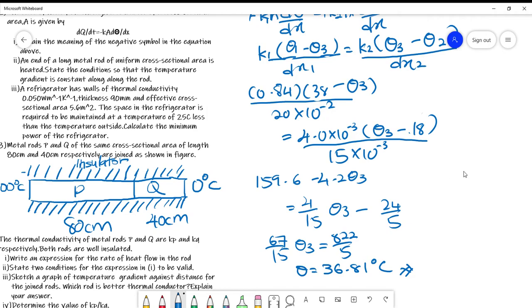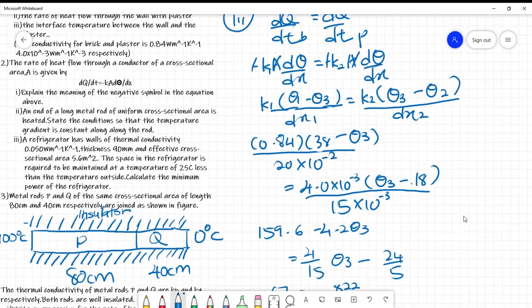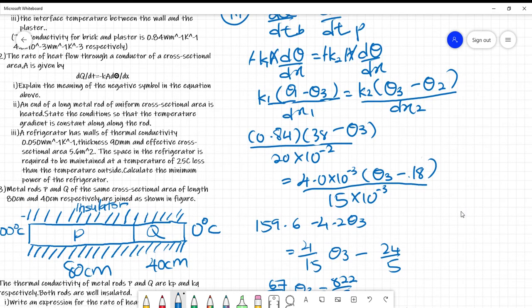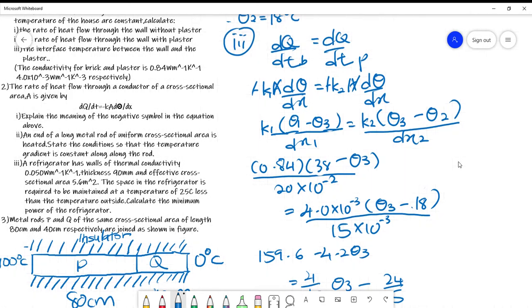So I think the mistake actually came from the calculation parts. So how should I say that? This one, theta 1 minus theta 3, should also equal theta 2 minus theta 3.